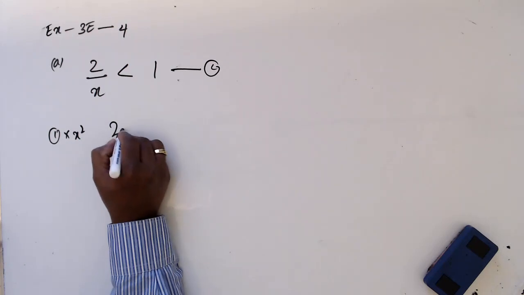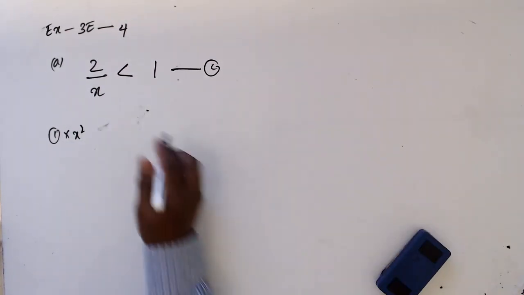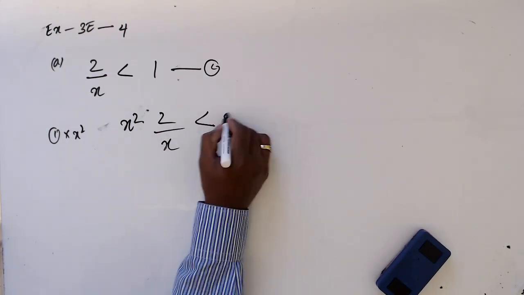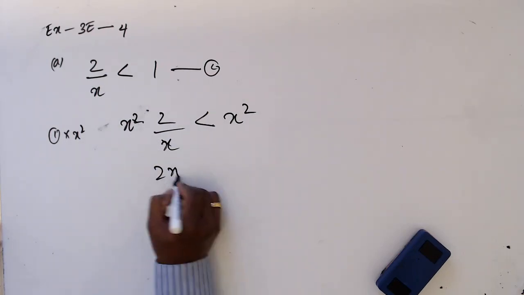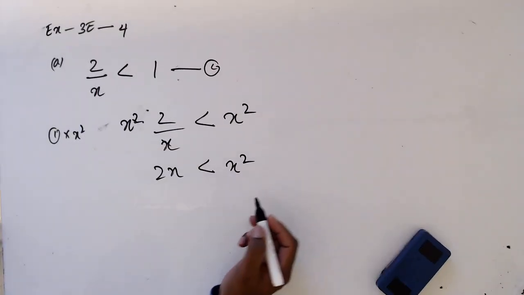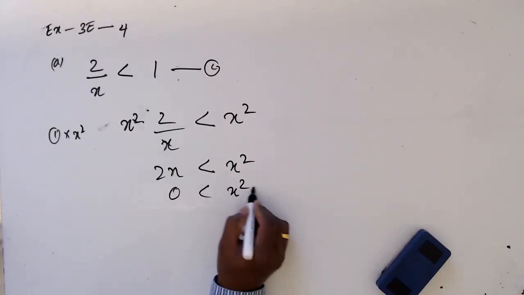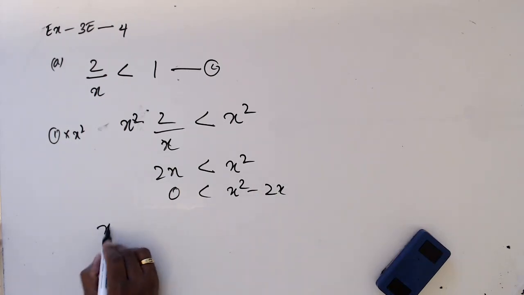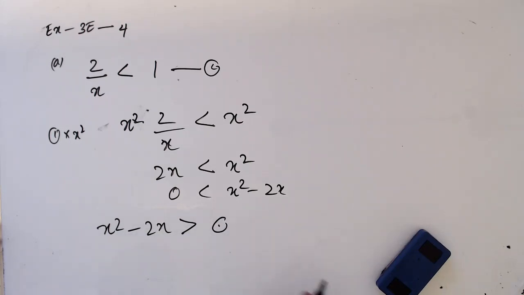So 2 times x square times 2 over x greater than x square. This is going to be cancelled out. 2x greater than x square. In other words, I write x square minus 2x greater than 0.